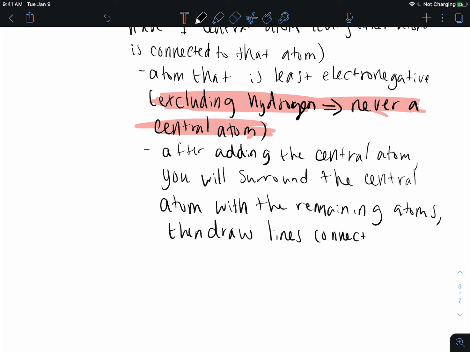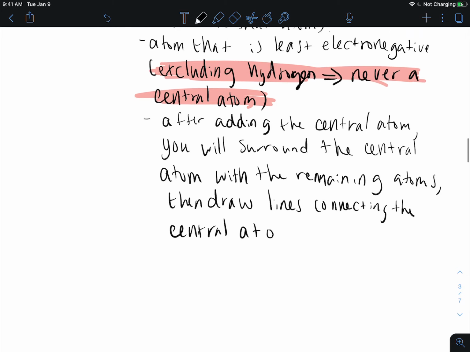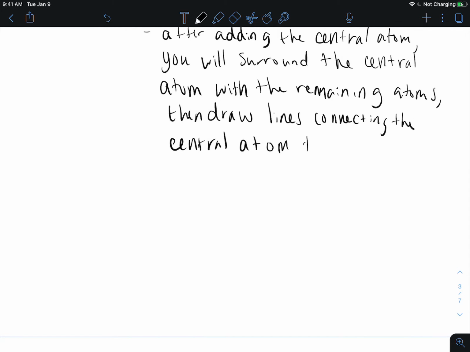So we will draw lines connecting the central atom with the other atoms, which are called peripheral atoms. So connecting the central atom to the peripheral atoms.